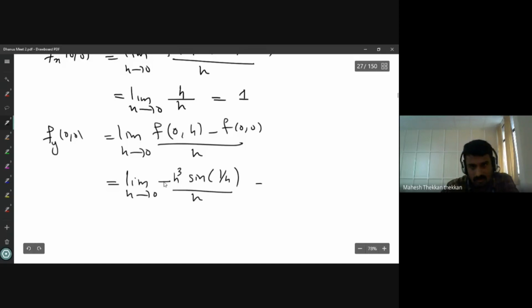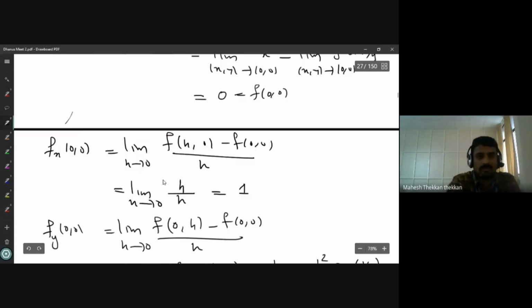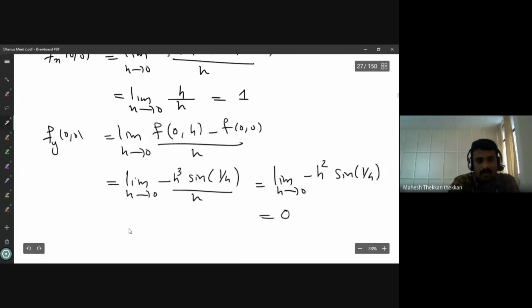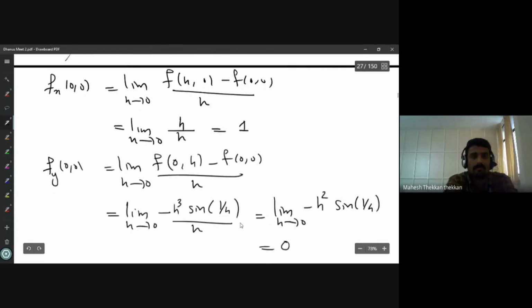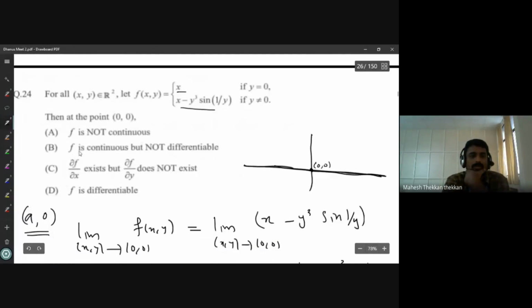This is the limit as h tends to 0 of minus h square sine 1 by h, which again goes to 0. So f_x at (0, 0) is 1, and f_y at (0, 0) is 0. Both partial derivatives at (0, 0) exist.